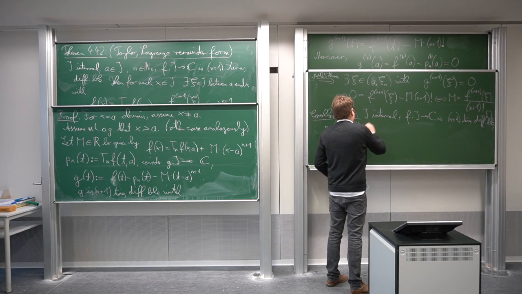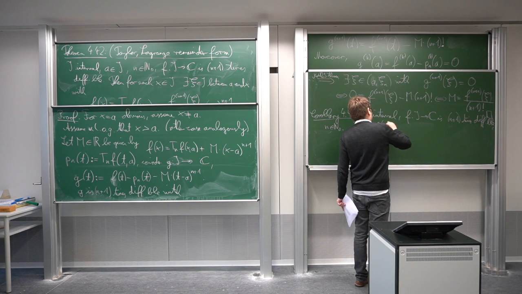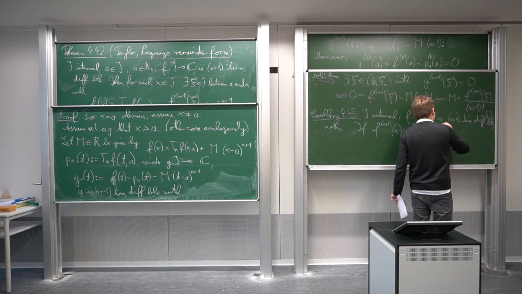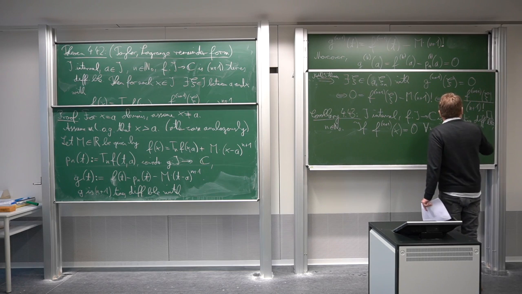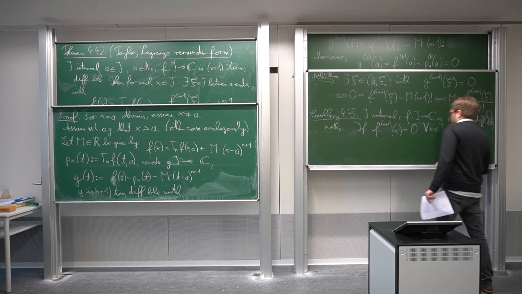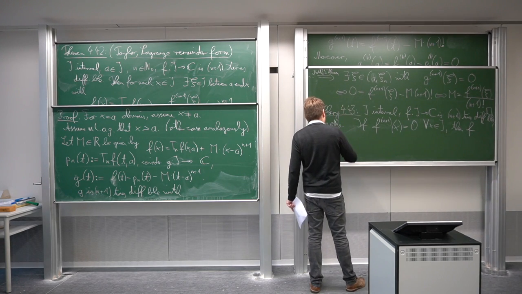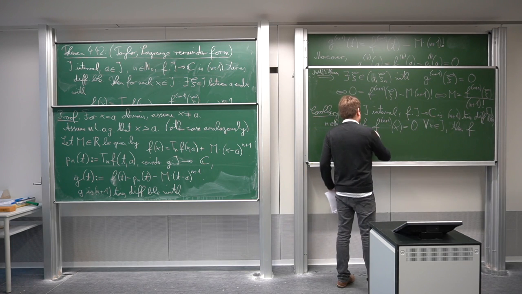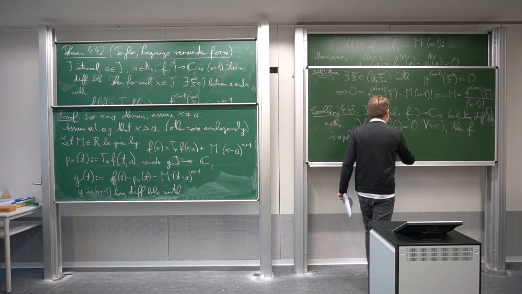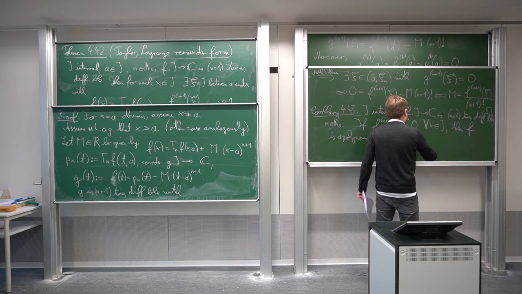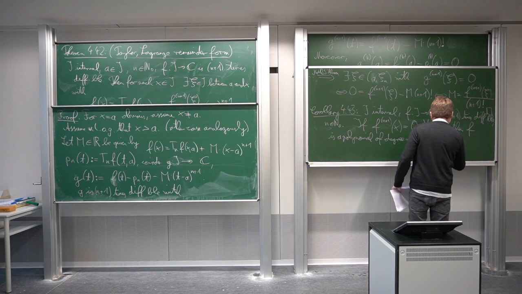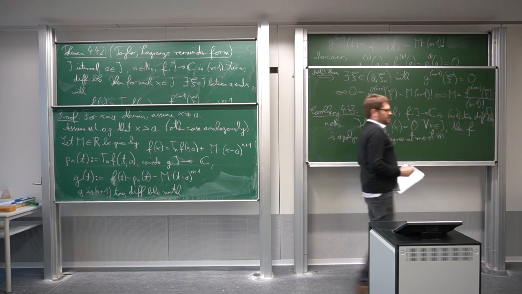Now, if the n plus first derivative at every point x is 0, so if its n plus first derivative is entirely vanishing, then f is a polynomial of degree at most n, sorry. Could be smaller.